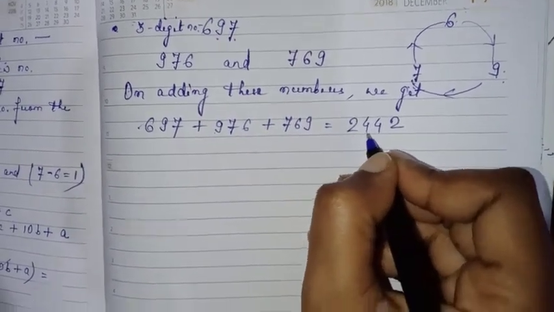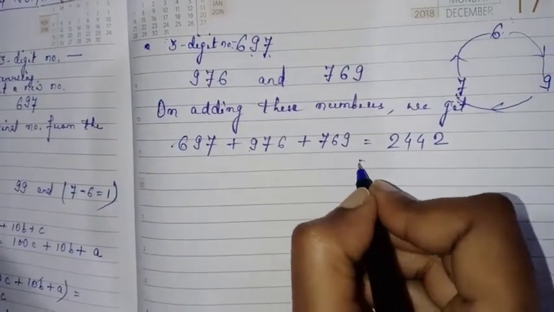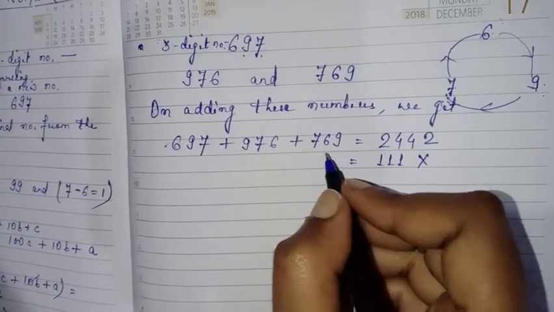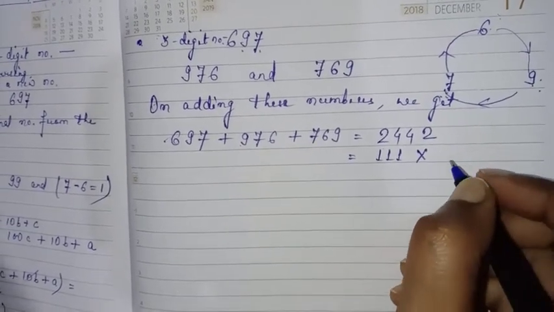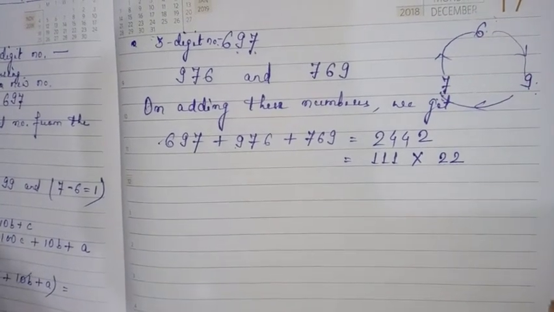2, 4, 4 and 2, okay. Now if you see here, you will get 111 multiplied by the sum.